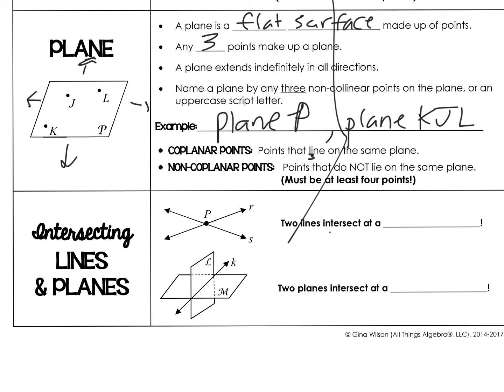All right. Where this big line came from, let's get rid of that. Intersecting lines and planes. 2 lines intersect at a point. So 2 lines intersect at a point, and 2 planes intersect at a line.